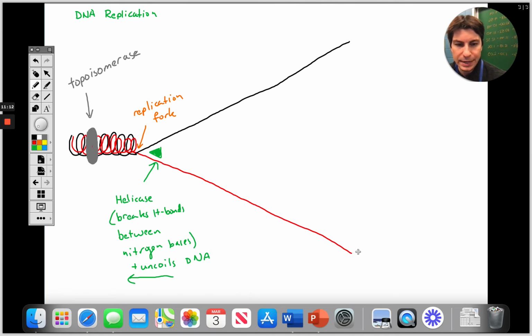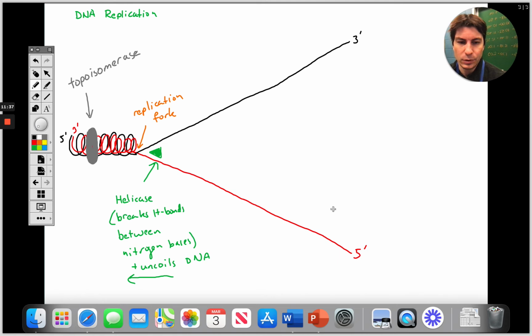All right, now let me label some different parts for you guys. We're going to say this part here is 5'. So that means this red side over here would be 3'. If this is 5', this would have to be 3', and that means over here would have to be 5'. Okay? So today, guys, I'm just going to work on the black strand. This is the easier of the two.